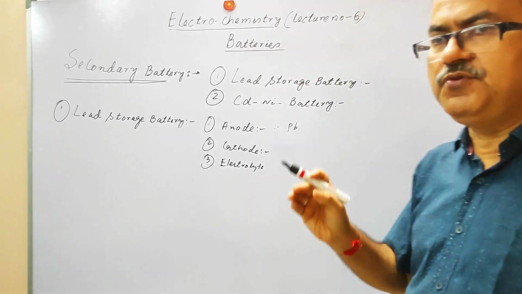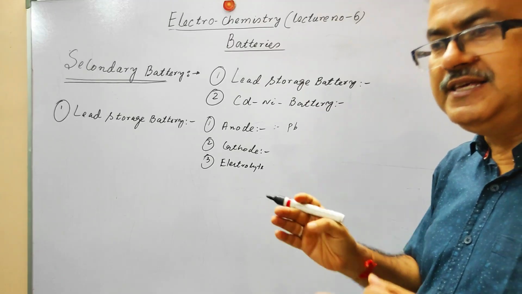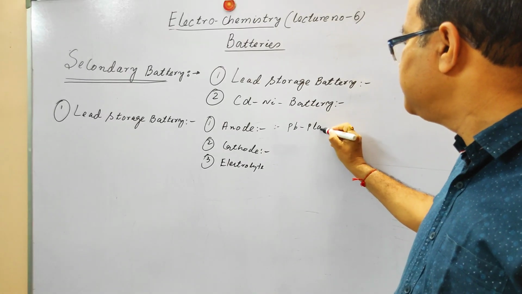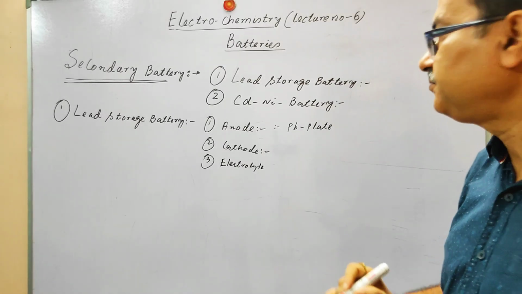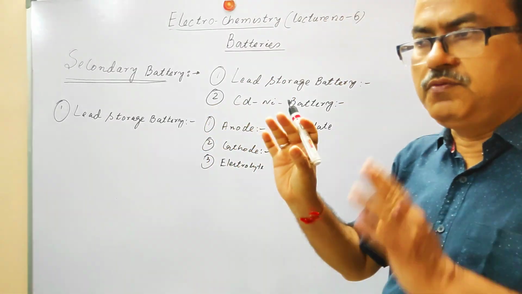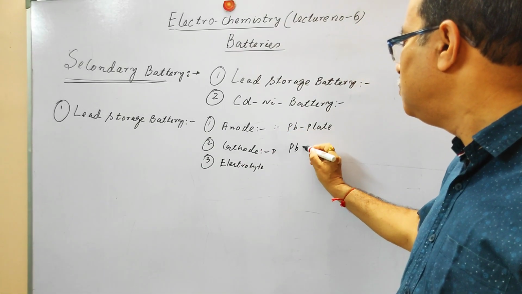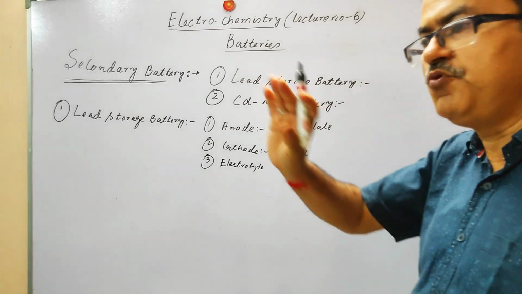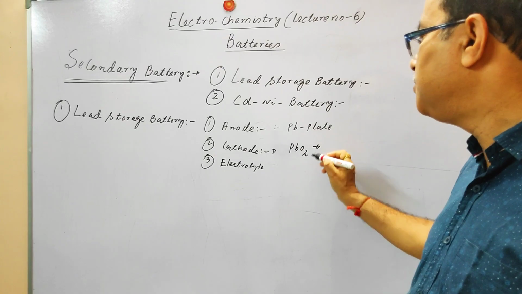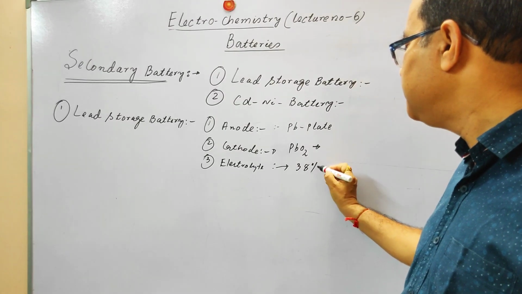If you observe the battery used in your inverter, you will find a lead plate, and this lead plate is used as the anode. The cathode is a lead plate covered with solid PbO2 over the whole grid, and this PbO2 acts as the cathode. The electrolyte is 38% H2SO4.